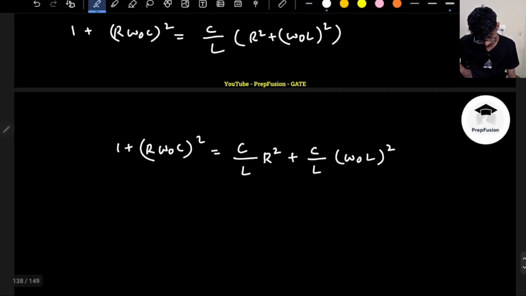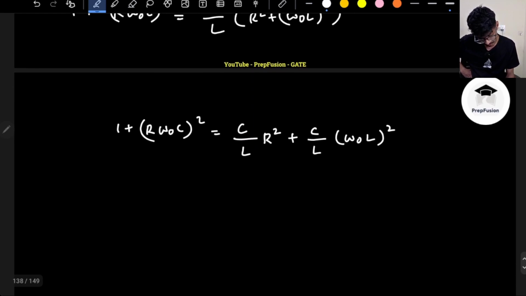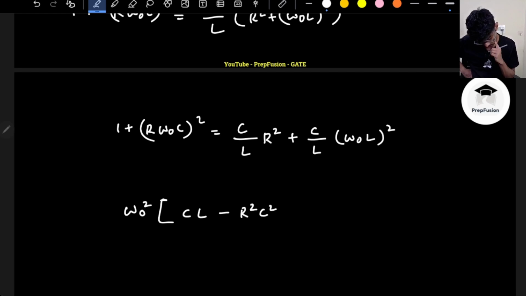Okay, so ultimately you have to club the omega naught term together. Omega naught square, if I take it together, it will be CL minus R square C square.